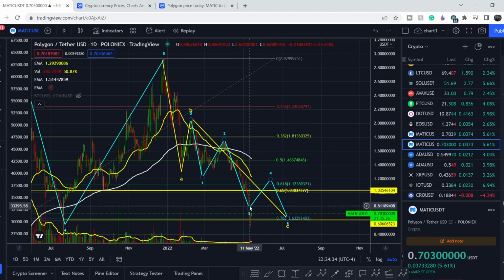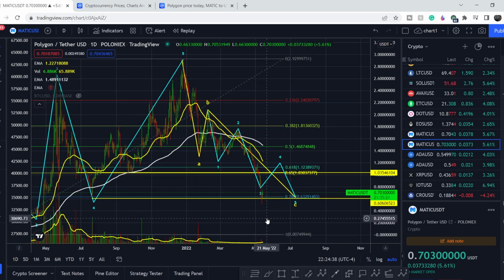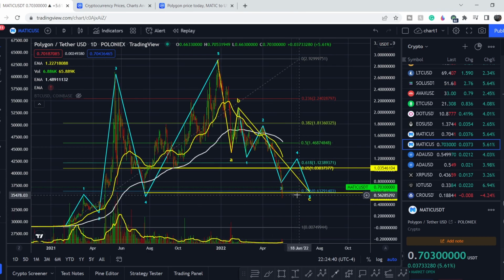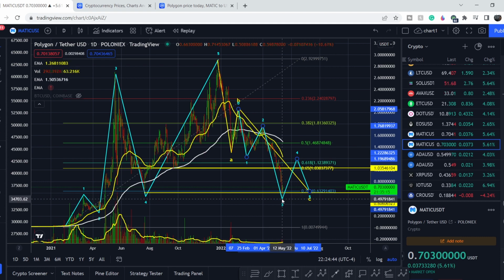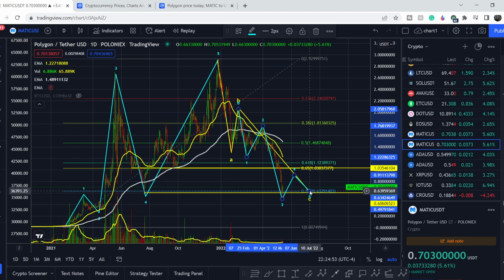But instead of this, we went even lower and we broke the 0.786 Fibonacci retracement range from the bottom to the top. And I have to say that most likely for now we have the bottom of our third wave right here. This means for now we are forming some kind of bounce in order to form the top of our fourth wave, and we have one more leg to the downside.